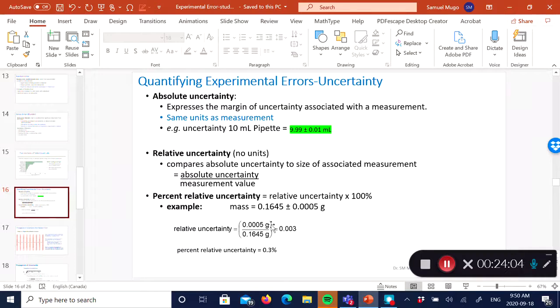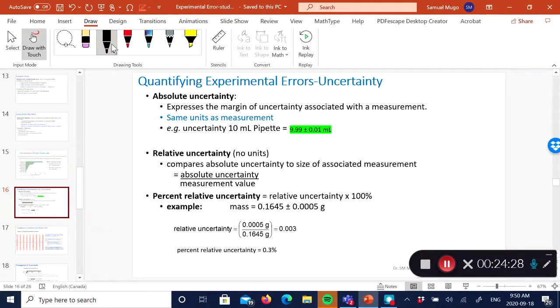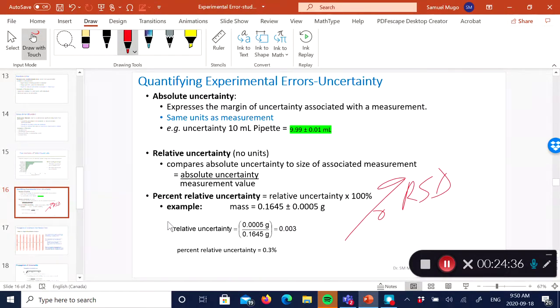Take note of this: the grams have cancelled out, and so my relative uncertainty has no units. It's unitless. In some cases, people would multiply it by 100 and call this the percent relative uncertainty, which is 0.3%. So if you look in the literature and you see people calling it percent RSD, they refer to this, percent relative standard deviation.